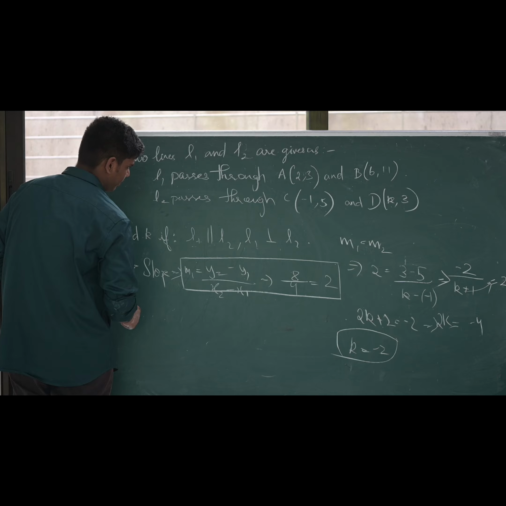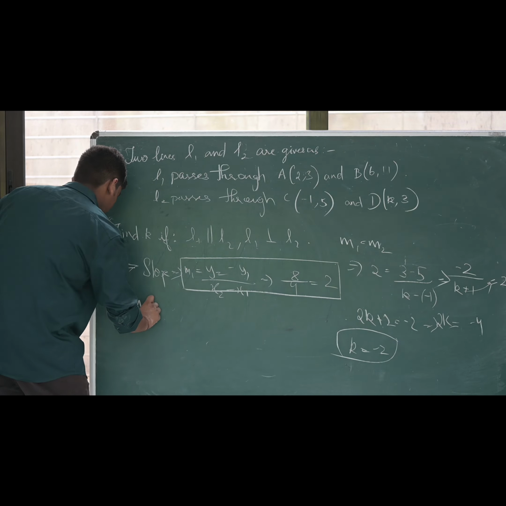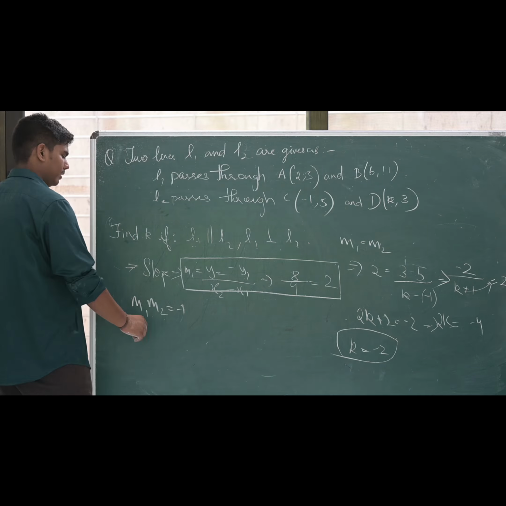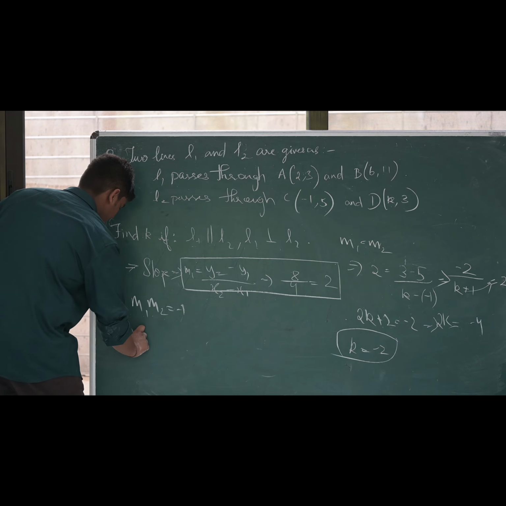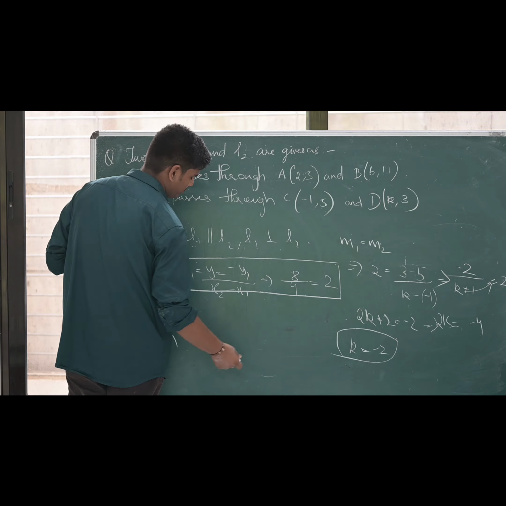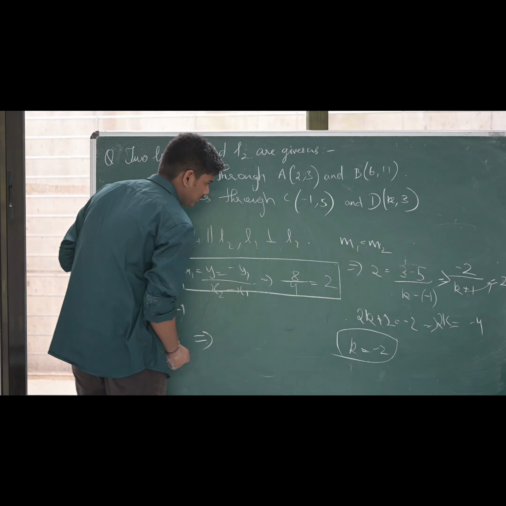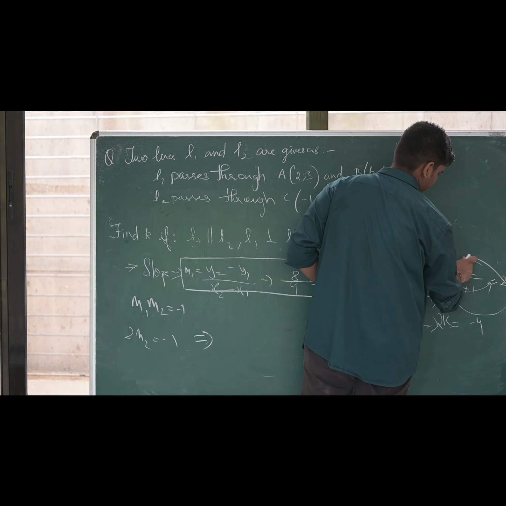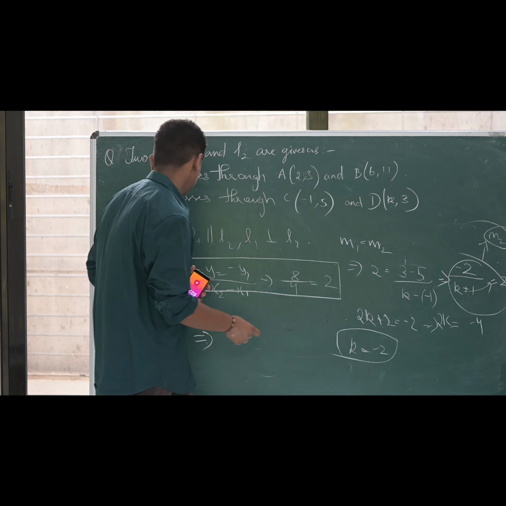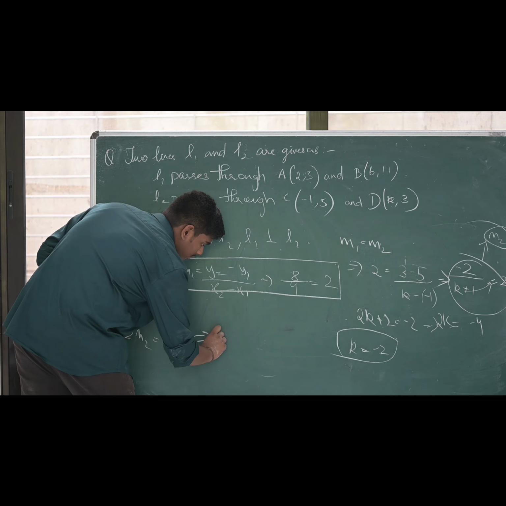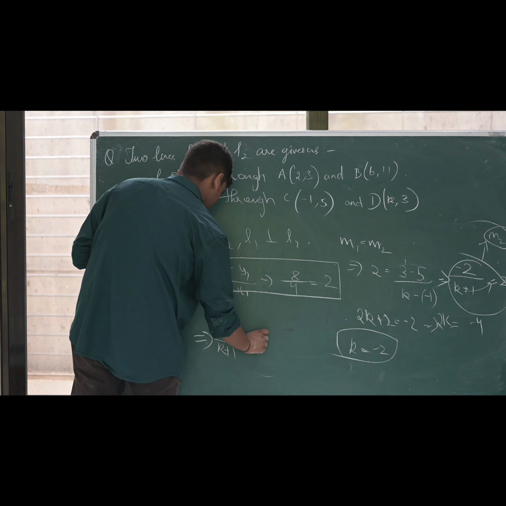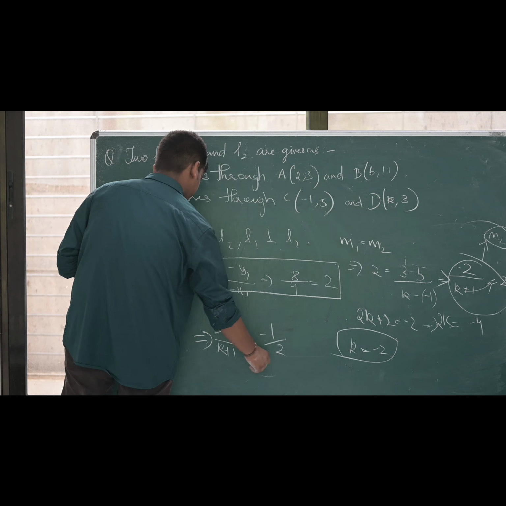And if L1 is perpendicular to L2, M1 M2 is equal to minus 1. M1 we know is 2, into M2 is equal to minus 1. What is M2? Minus 2 by k plus 1. This is M2, am I right? So, minus 2 by k plus 1 is equal to minus 1 by 2.